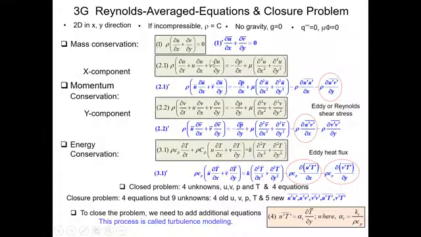By comparison, we noticed that all the averaged equations dropped the time dependent term, but due to the nonlinear term, they created new variables: 1, 2, 3, 4, 5.